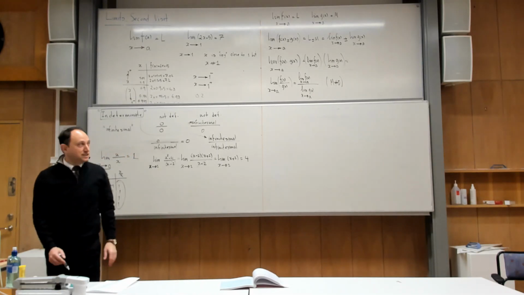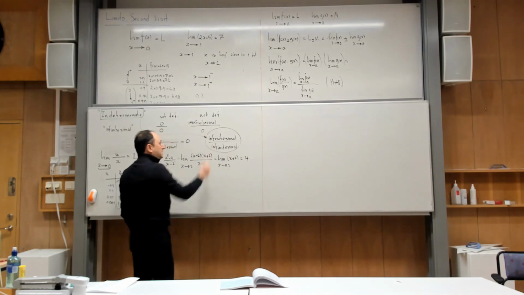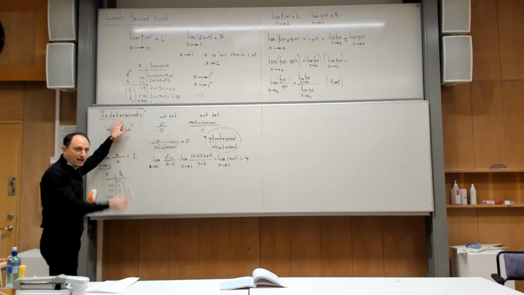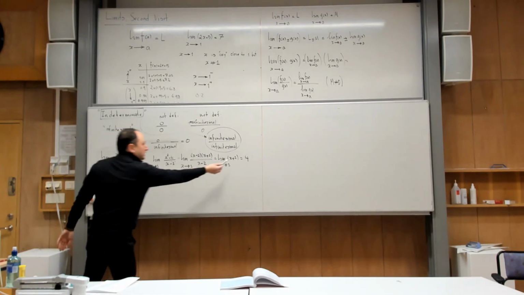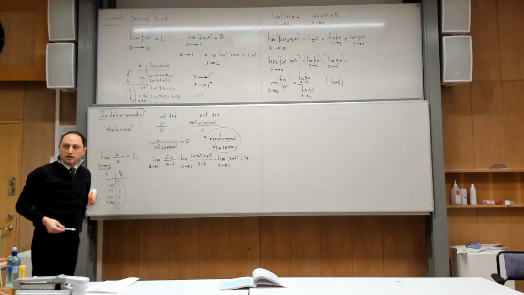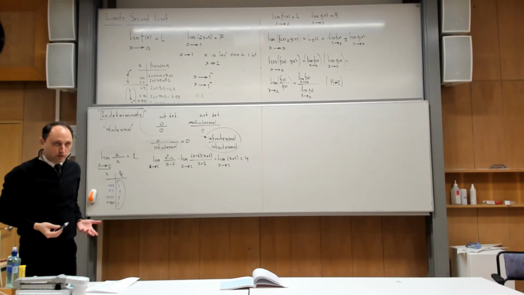So this means that this infinitesimal over infinitesimal is indeterminate a priori. You have to calculate and you get different answers based on the behavior of the function that you are investigating. So that is why it's called indeterminate.